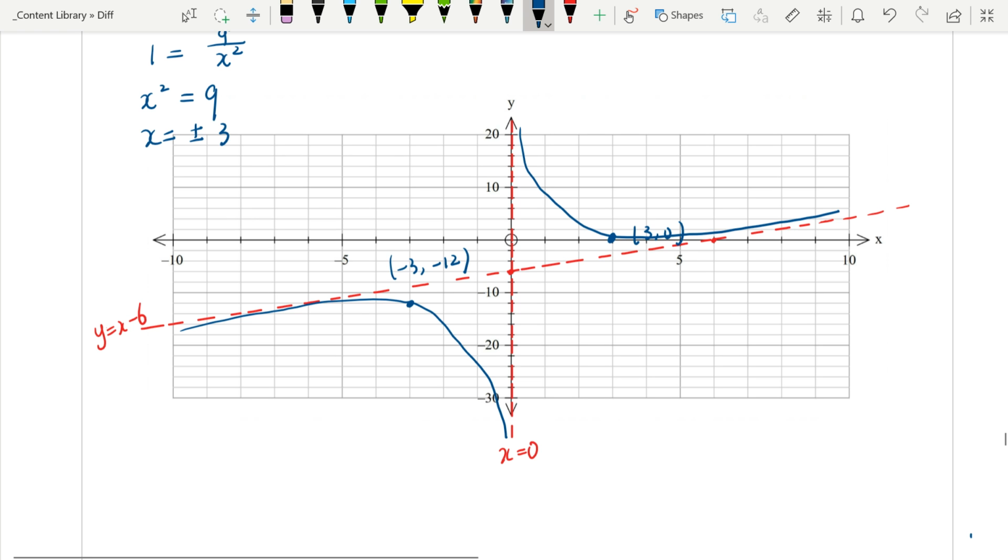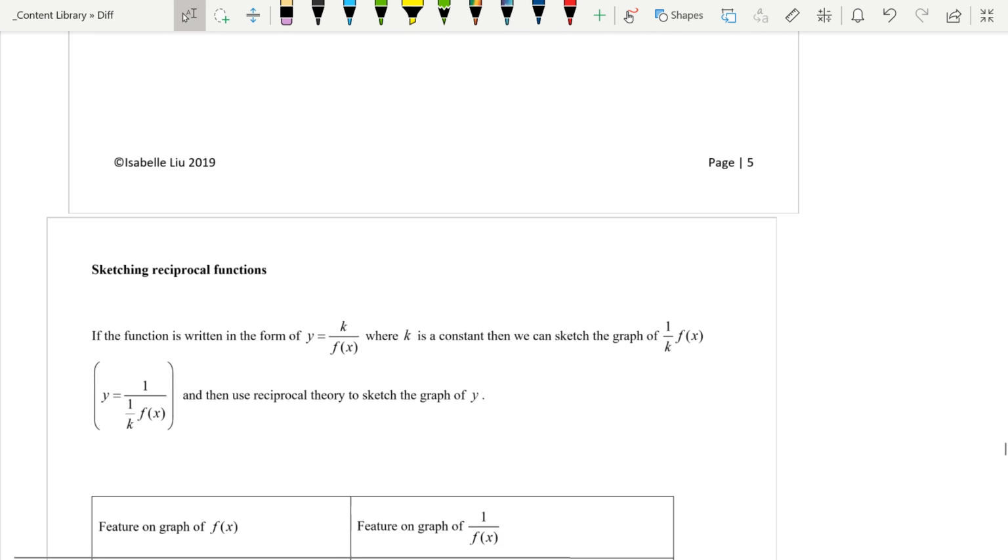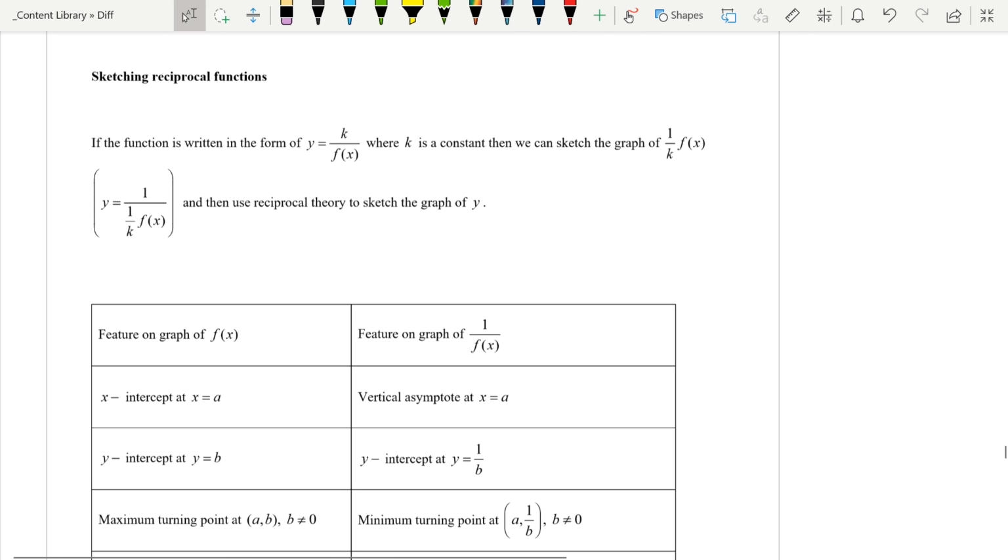So we'll have a rest first, and then if you still want to do something, could you please think about the reciprocal function? We learned reciprocal last year, right? Did we?